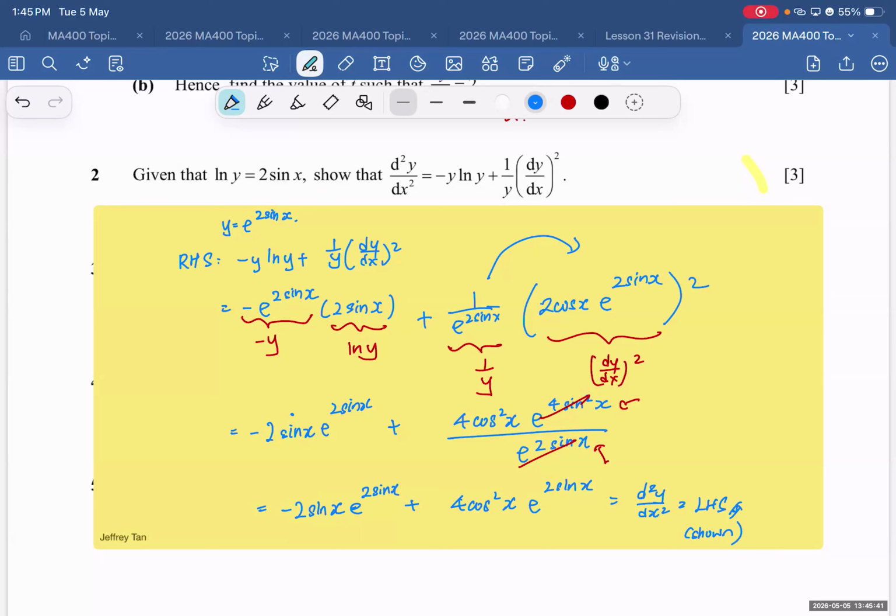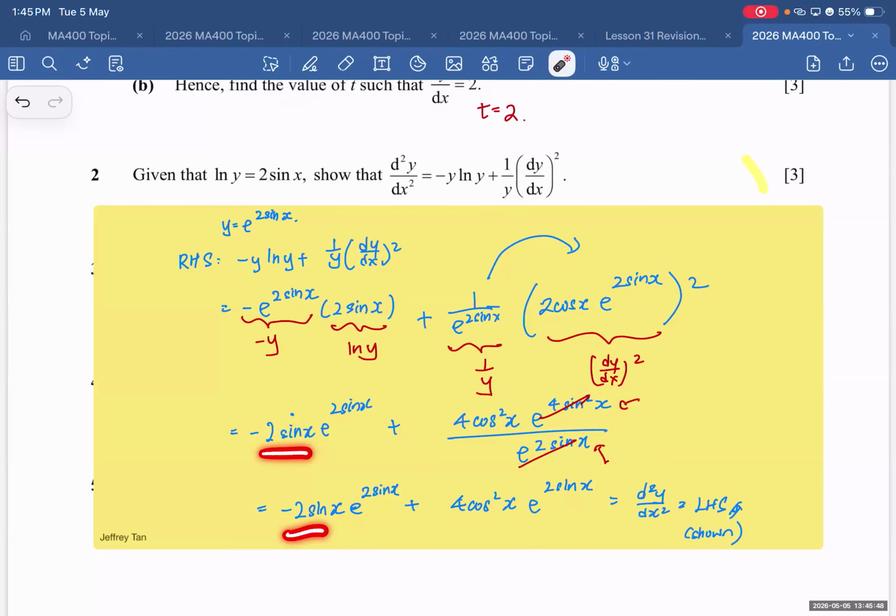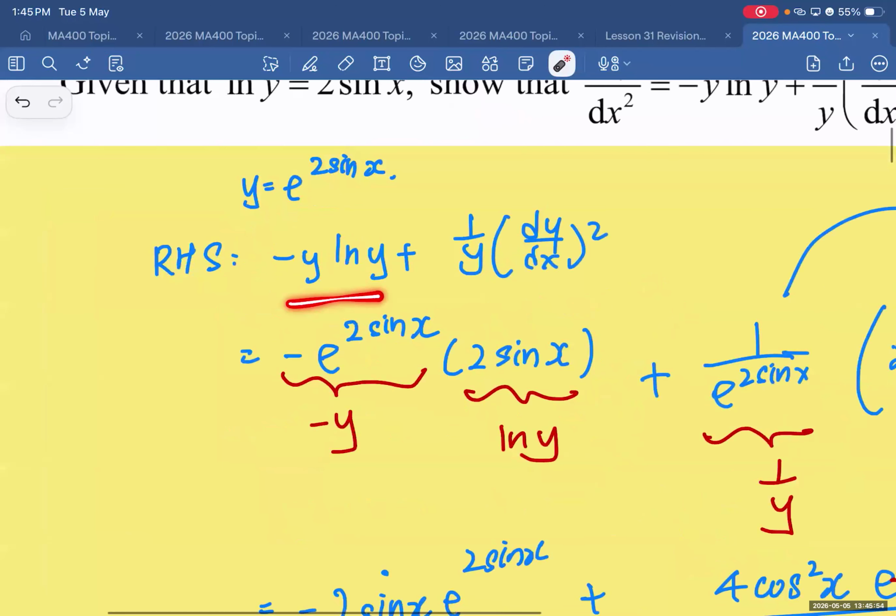Negative 2 sine x. Because I'm starting from the right hand side. Which one are you starting from? Cos x and e product.